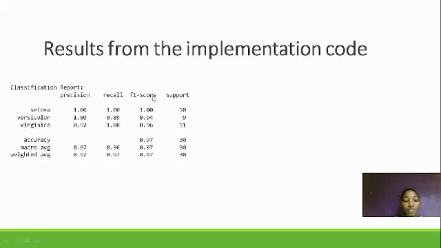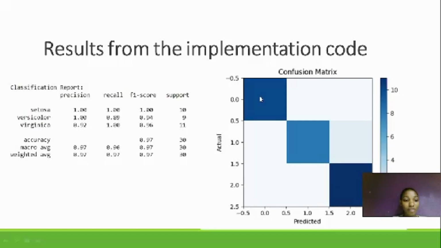The first one has a precision of 1 and a recall of 1, which means it was classified correctly. Then versicolor has a precision of 1 and a recall of 0.89, which means a certain percentage was misclassified. The same applies to virginica: the precision is 0.92 and the recall is 1, so some part of it was misclassified. Here we also calculate the accuracy, the macro average, and the weighted average. I gave the formulas in the previous slides.